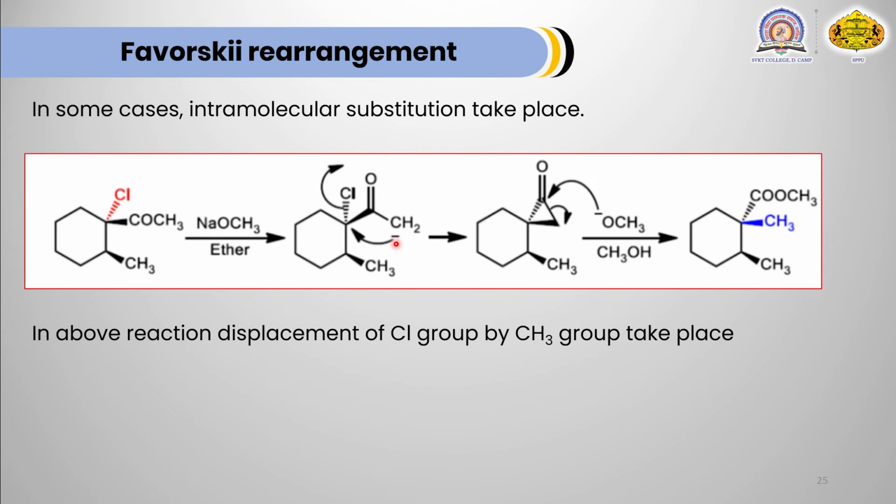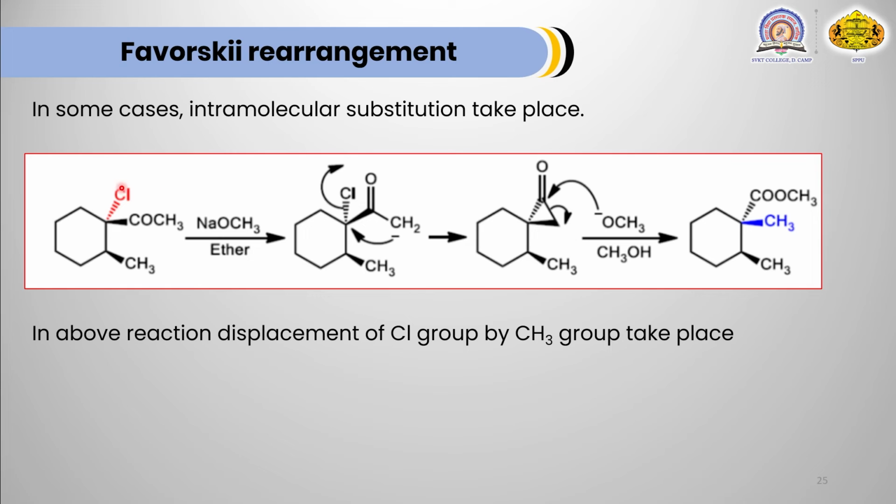This negative charge is used for further reaction and there is elimination of Cl, a cyclopropanone intermediate is obtained, and again on treatment with OCH3, ring opening takes place in such a way as to produce the more stable carbanion, and finally protonation of that carbanion produces this compound.